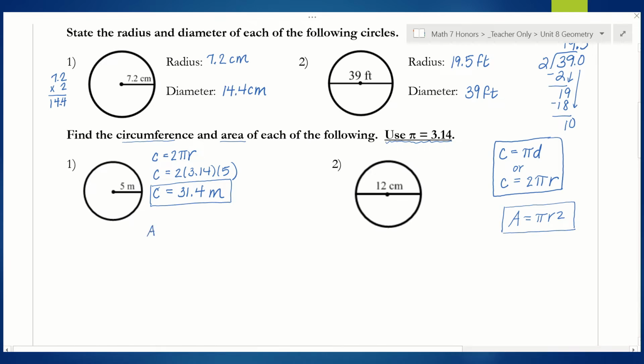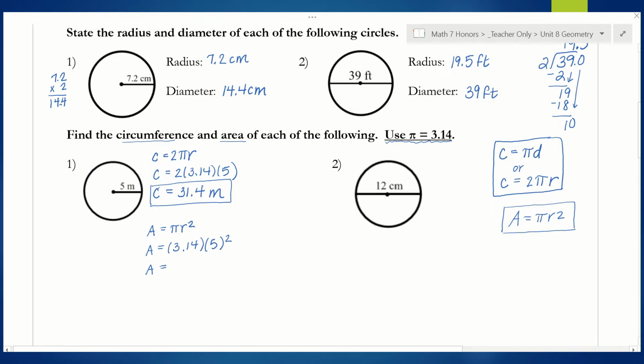So if we go back to the circle we were just working with, I'm going to start by writing down my formula. And then, again, we're going to use 3.14 for pi. And we're still going to have 5 for our radius. And so in your calculator, we should be typing in 3.14 times 5 squared. Now, if you forgot how to type in squared on your calculator, it's the x squared key.